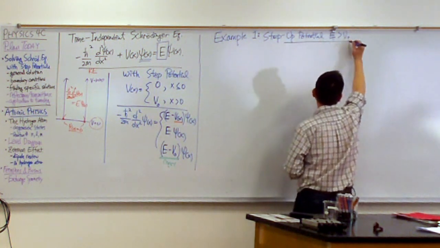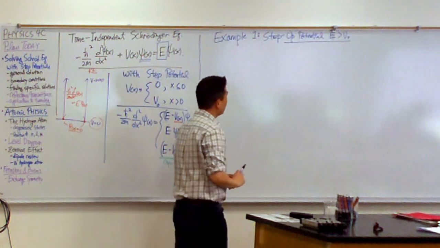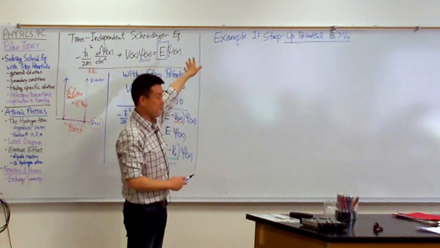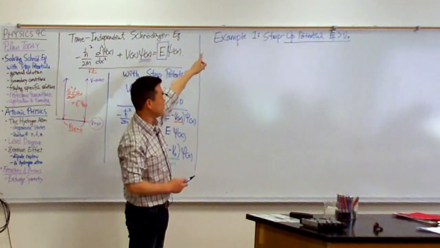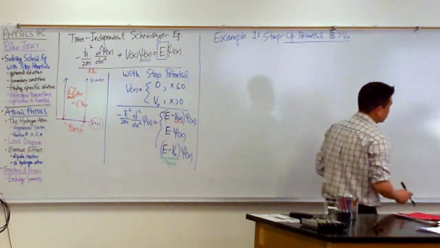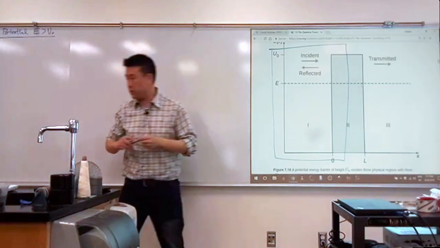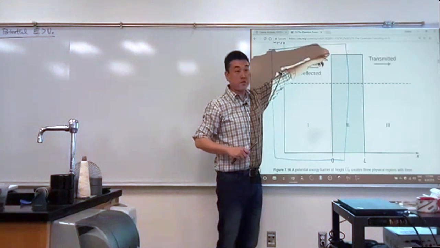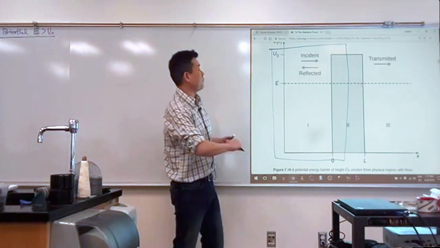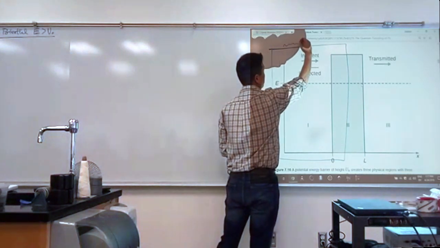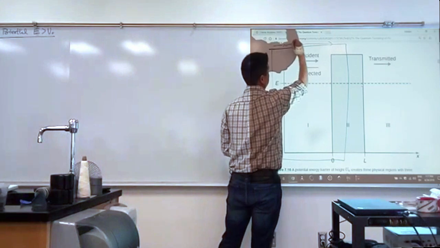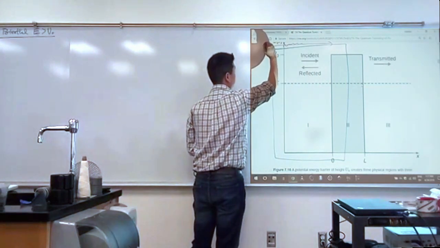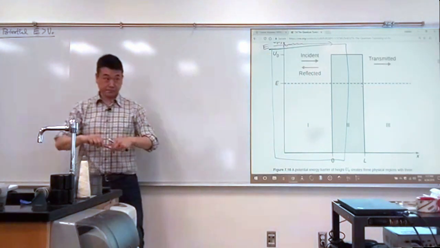I feel like this would possibly be the most boring example. What we would be describing is where this is still my potential step, but the particle that's coming in has enough energy. This would be the energy that the particle has in that case.